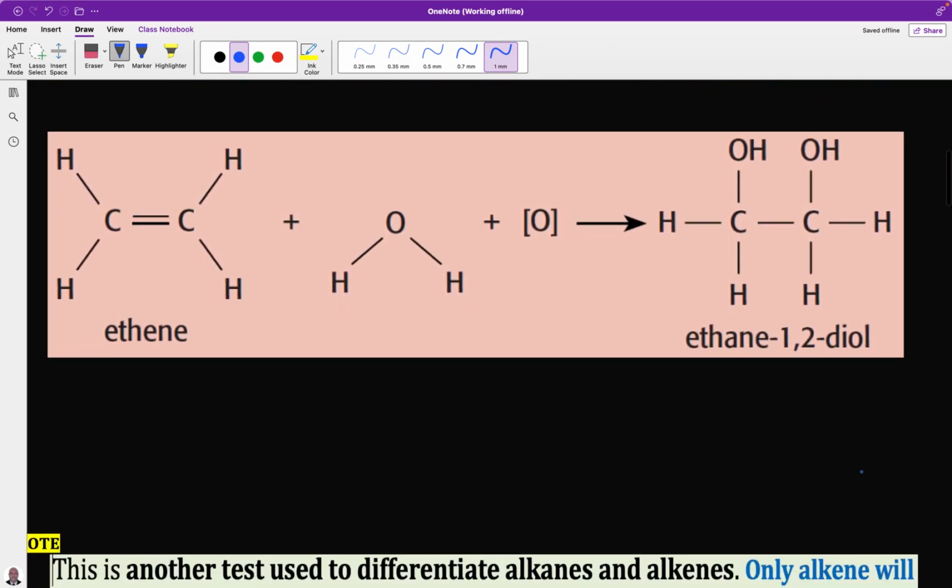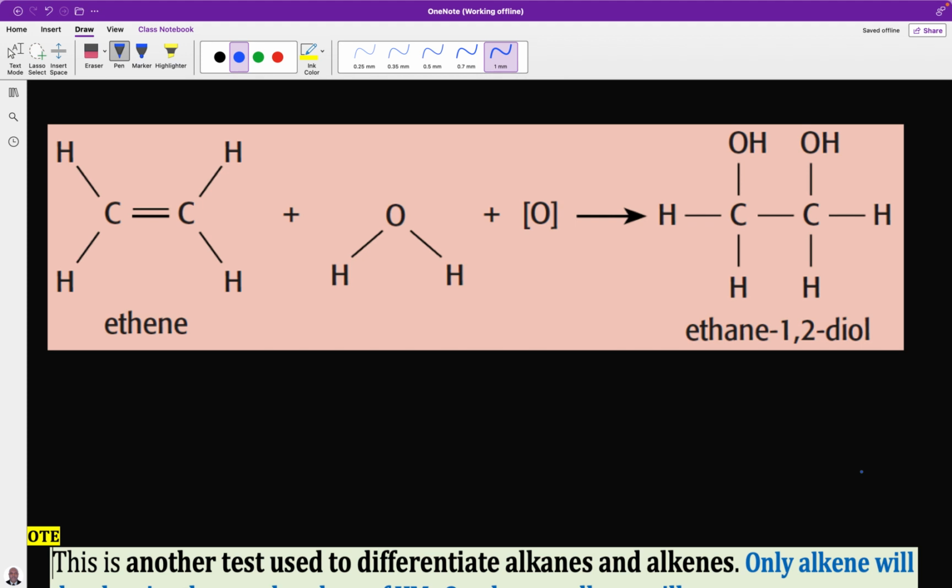You can see how the reaction takes place. When ethene is reacting, you'll see that ethane 1,2-diol is formed. This is water.